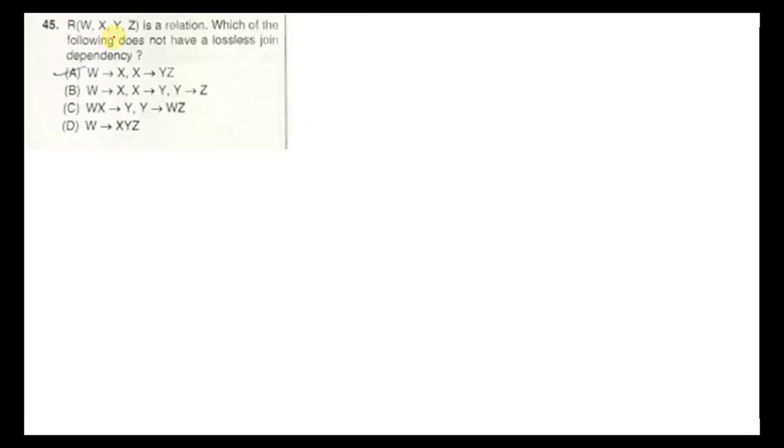R(w, x, y, z) is a relation. Which of the following does not have a lossless join dependency? We are given 4 options, and we have to find out which one is a lossy join dependency. To find out whether it is lossy or lossless, we have 3 conditions.